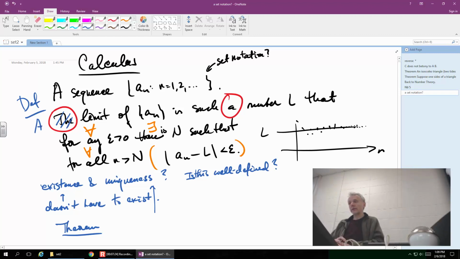I would say a limit is any number that satisfies this property, but then you use this theorem which justifies the language, and you will be using "the limit". So if the limit exists, it's unique. That's the plain language. If a limit exists.